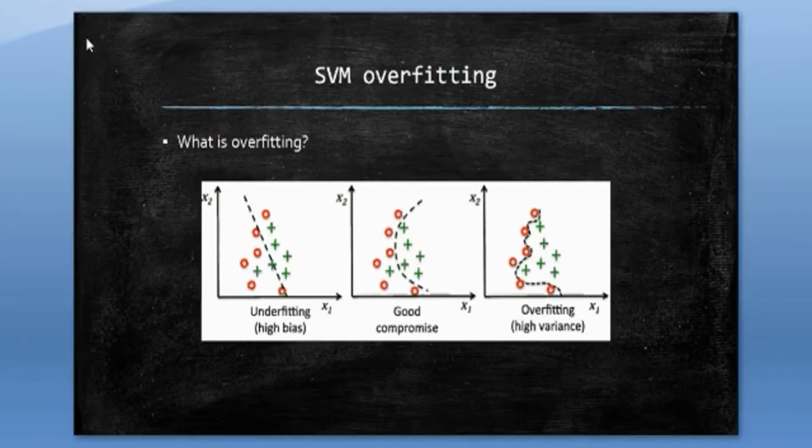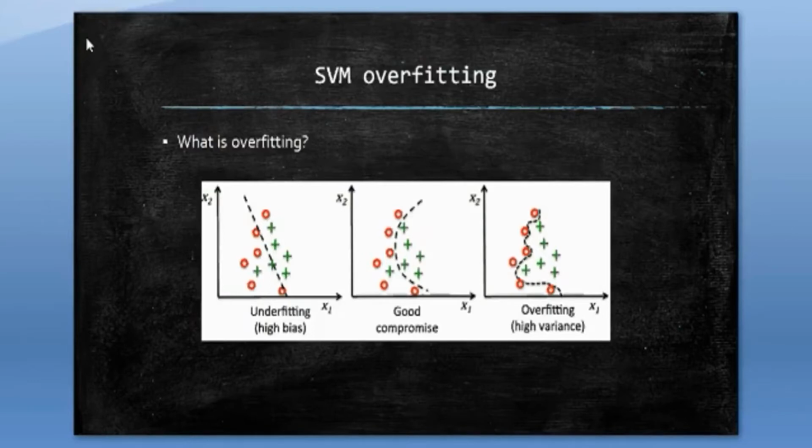The last model separates the two classes very well, but it isn't smooth and not generalized as the second model is.